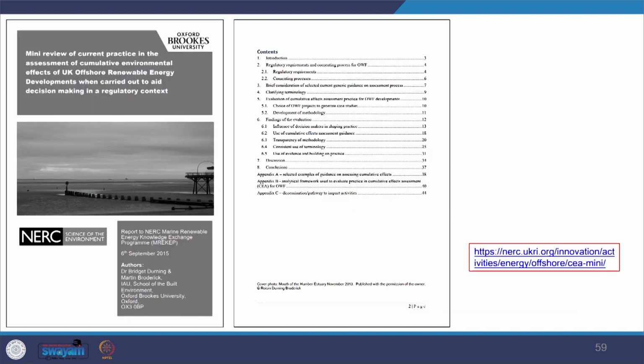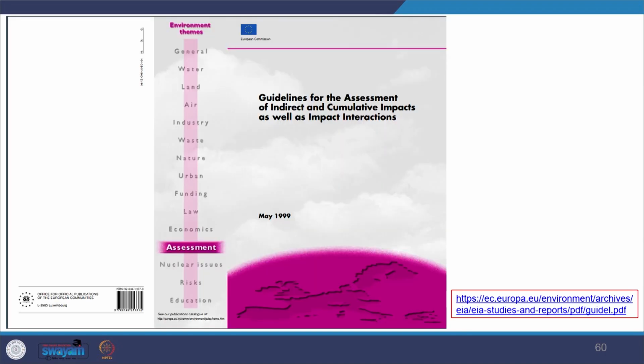And then there's another guideline you can see, mini review of current practice and assessment of cumulative environmental effect of UK offshore renewable energy developments. And then you can see here that is also given. You can also find another by European Commission.